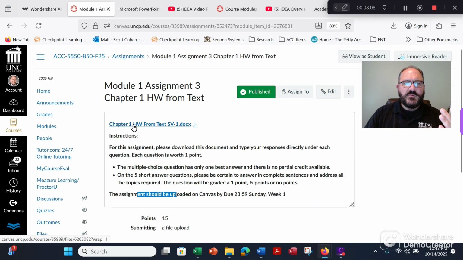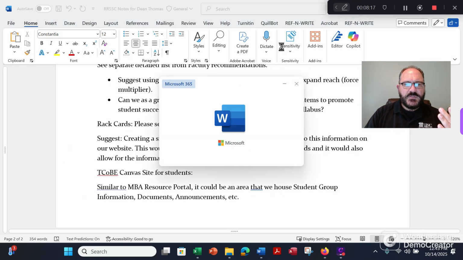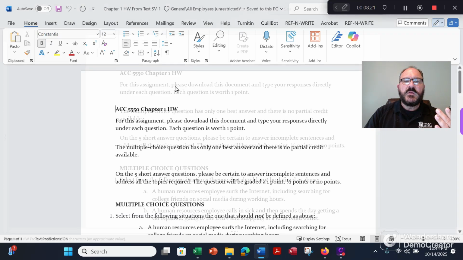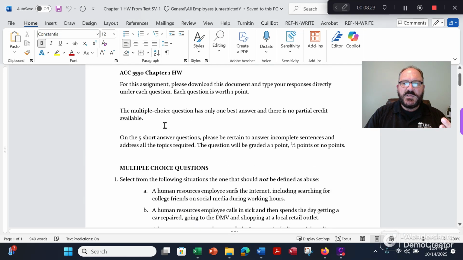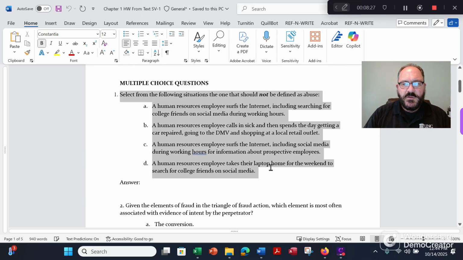By the way, let me show you the Chapter 1 homework from the text, because you're probably going to want to know this. It says type your responses directly in the document. You see these multiple choice questions? Put your answer right here. They are very similar to what you're going to see on your test, and they are a little tricky.